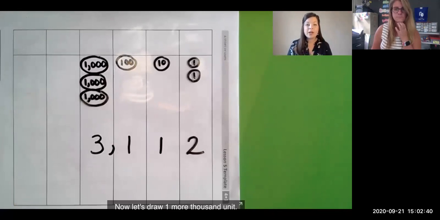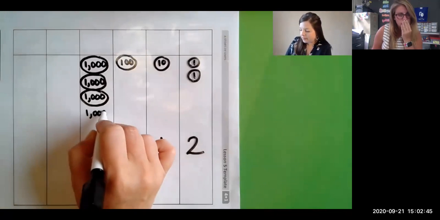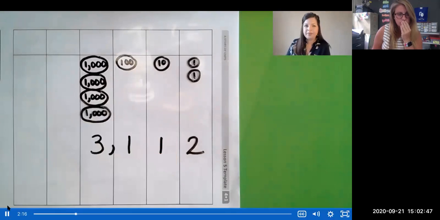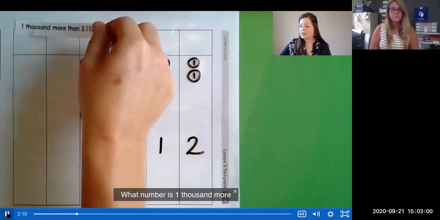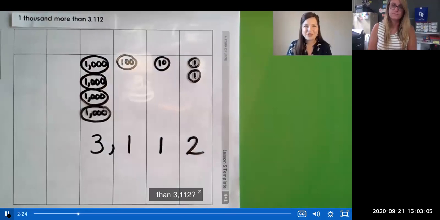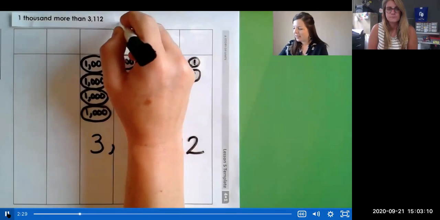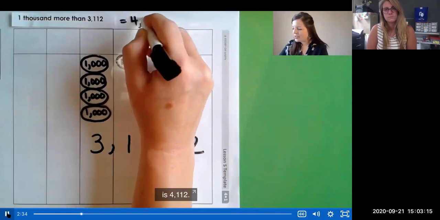Now, let's draw one more 1,000 unit. Here she's showing you what's going to happen when you add 1,000 to this number, and then we're going to work on taking away 1,000 from the number. What number is 1,000 more than 3,112? 1,000 more than 3,112 is 4,112.